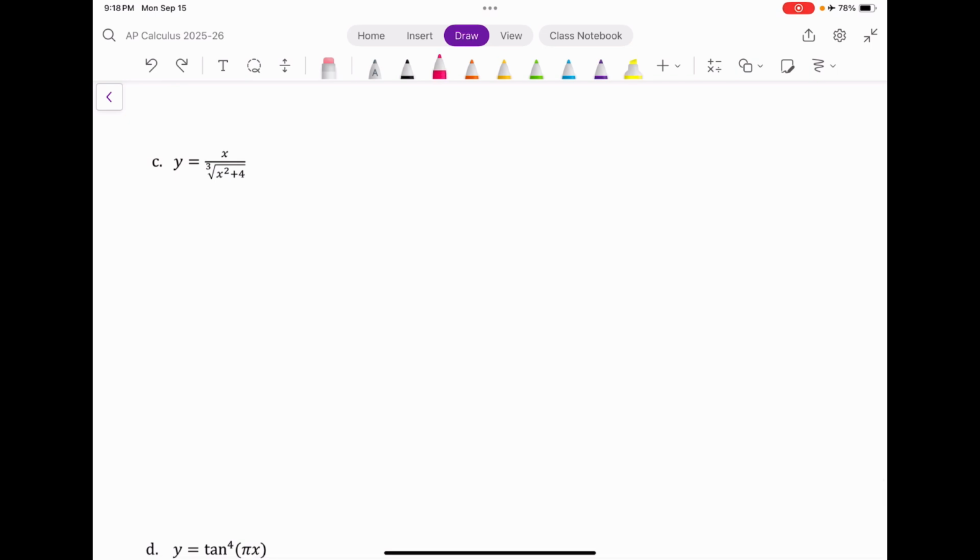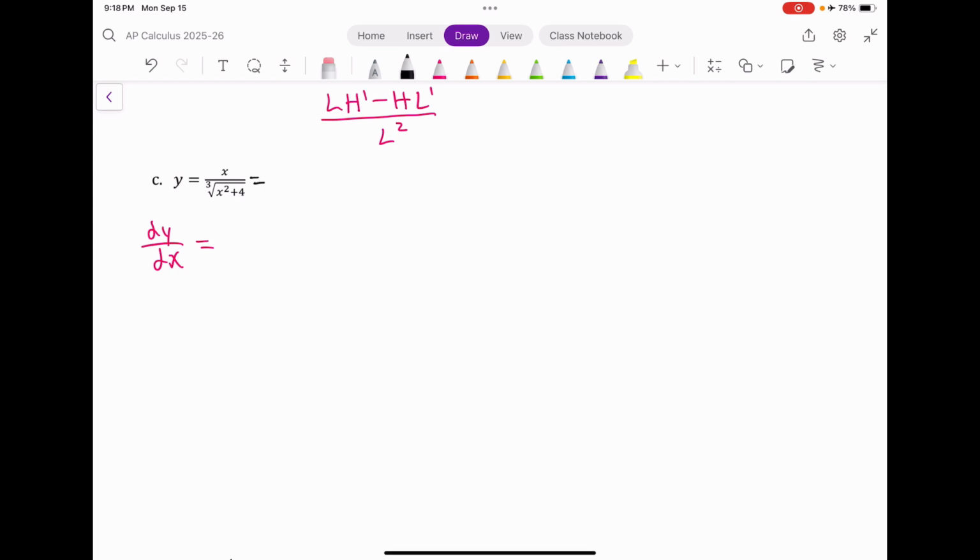Okay, so we're going to use the chain rule, and y'all know I like low d high minus high d low over low squared for remembering the quotient rule. Okay, so the derivative of y with respect to x would equal, well, okay, let's rewrite this function before we do that. So this would be x squared plus 4 to the 1/3.